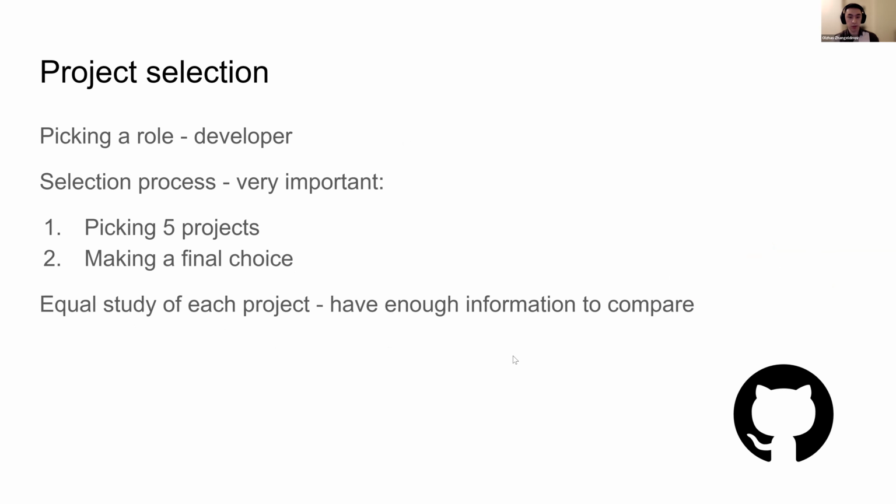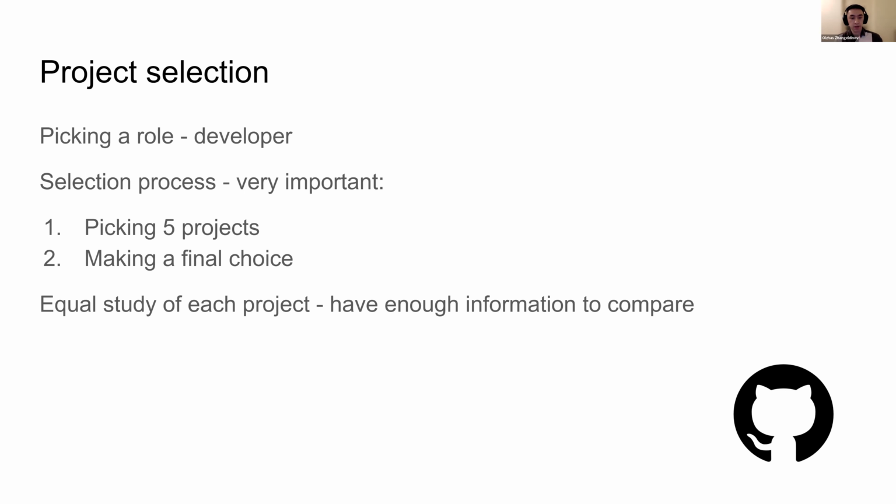So first we did project selection. Firstly, we needed to pick a role. I picked the developer role, as many other students did, because everyone wants to commit new features, write good code, and apply their software engineering skills during the course.